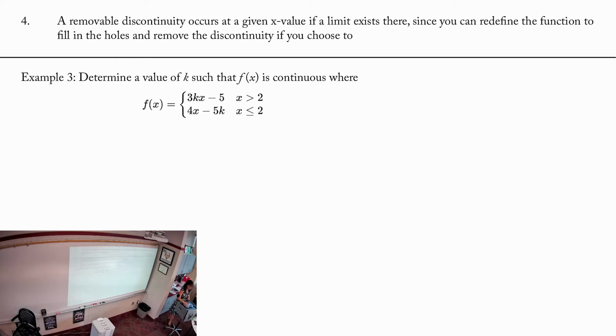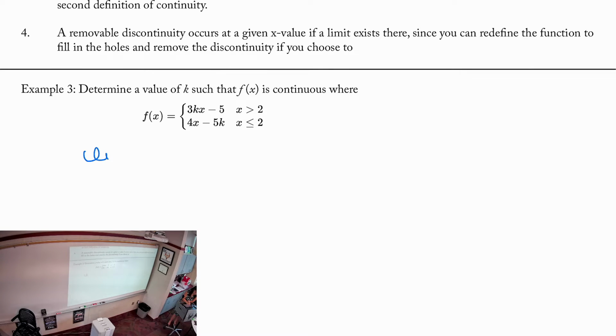Okay, so take the limit as x approaches 2 from the negative side of f of x, which is 4x minus 5k. You're going to set this equal to the limit as x approaches 2 from the positive side of 3kx minus 5.